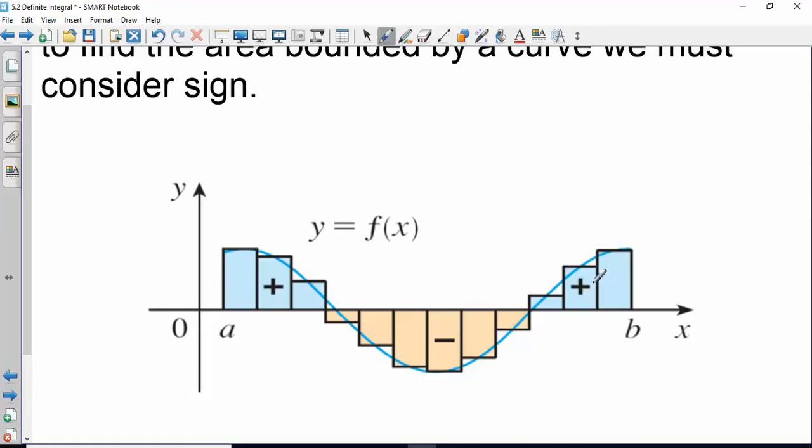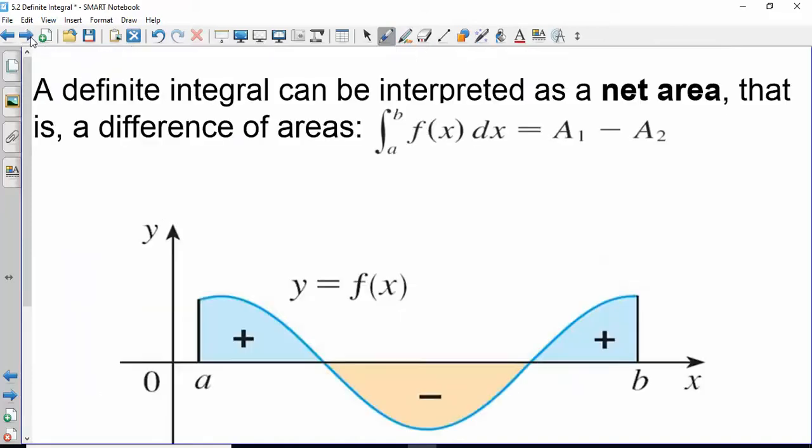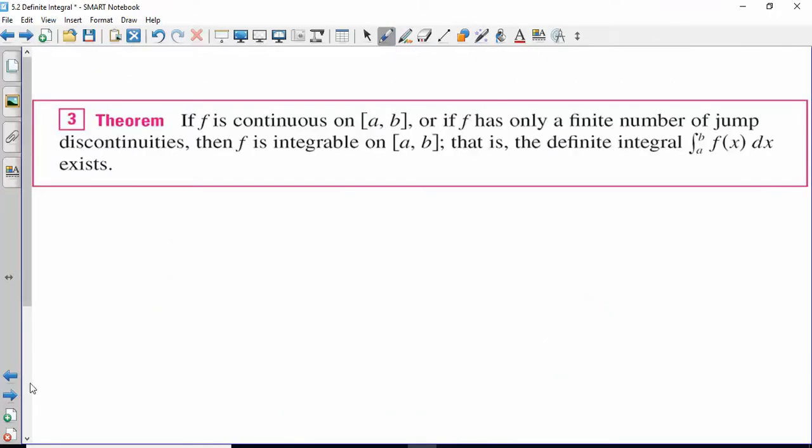In that case, anything above is a positive area and anything below is a negative area. So if I integrated this entire thing, you would get the net change. We would have the positives, subtract off the things underneath, and get an overall net change between the two.